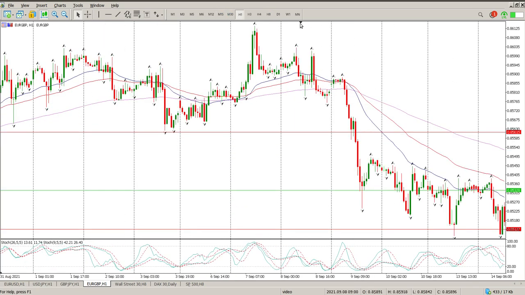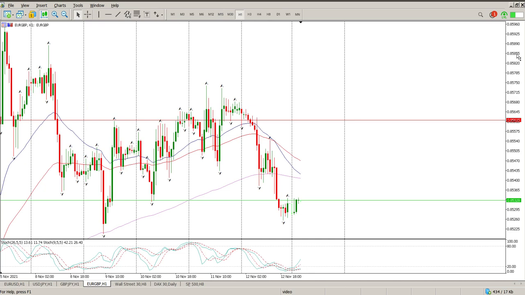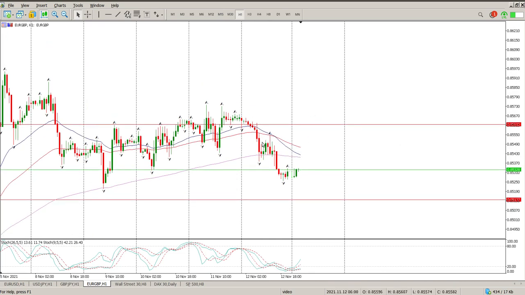If we start looking at the hour to see if there's any structure there we can pay attention to, you can see we've already got a crossover to the downside. So I would be watching that messy area there, which is 0.85443. This pin bar, well, it's not quite a pin bar, but this long tail here is your stop area.